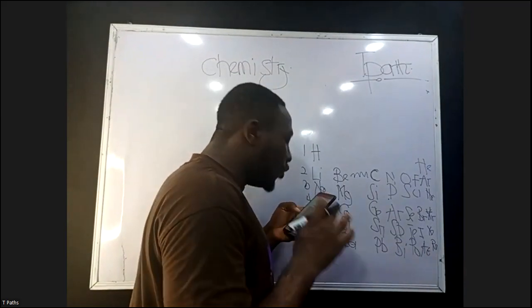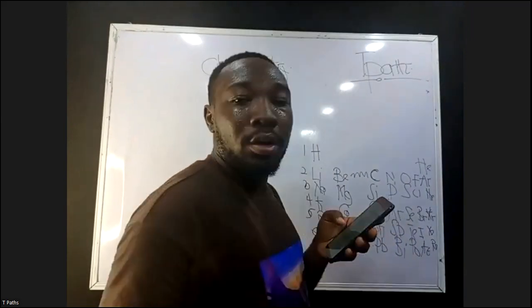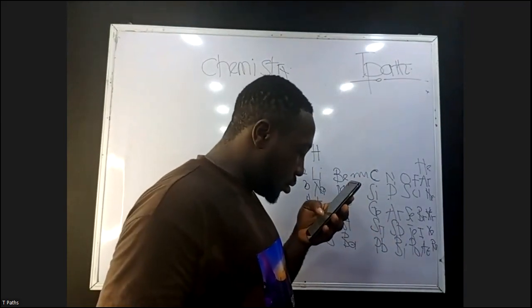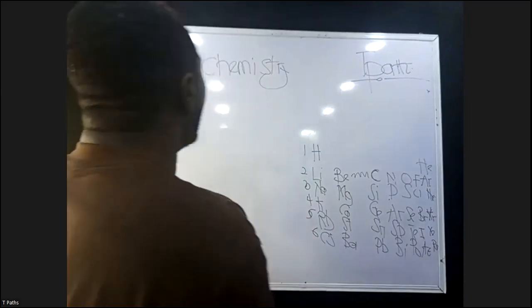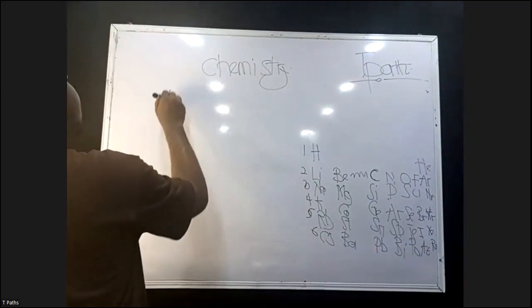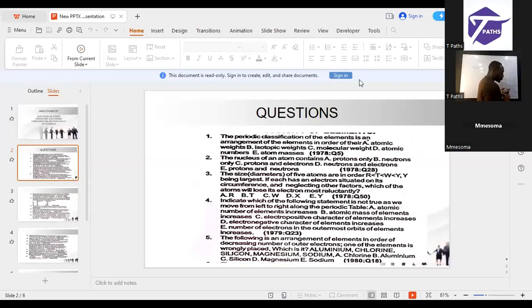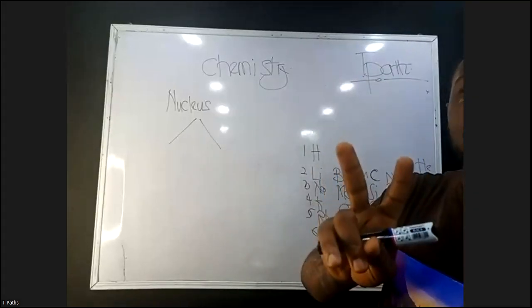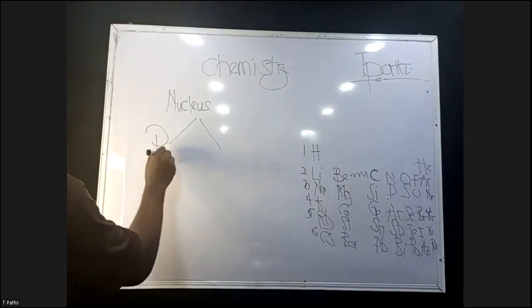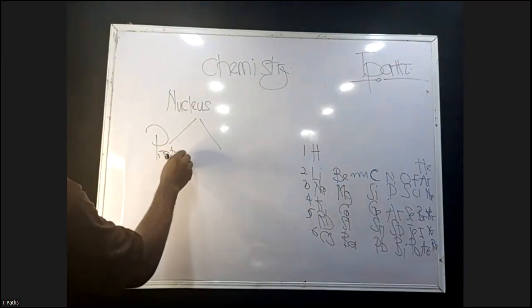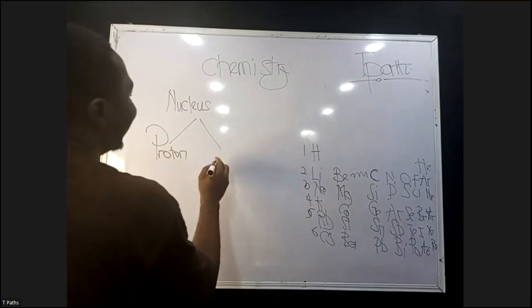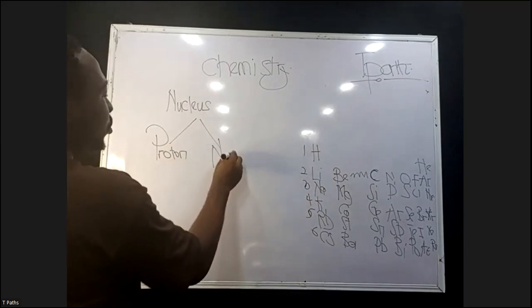Next, the nucleus of an atom contains what? The nucleus contains two important subparticles. One of them is the proton, and the next one is the neutron.